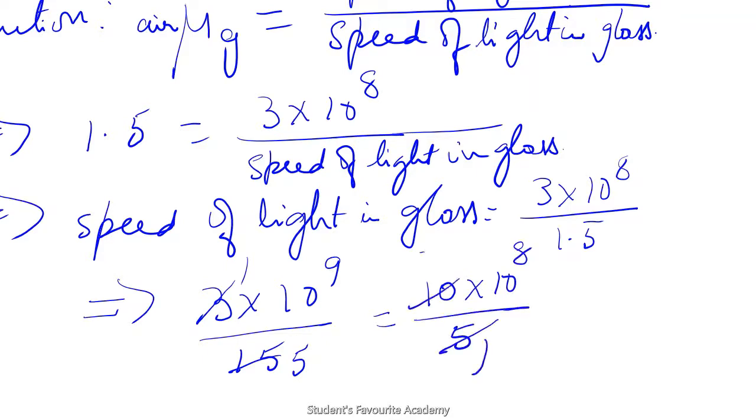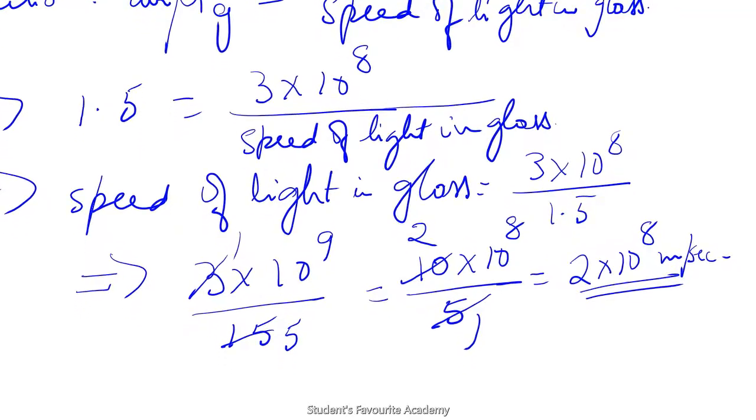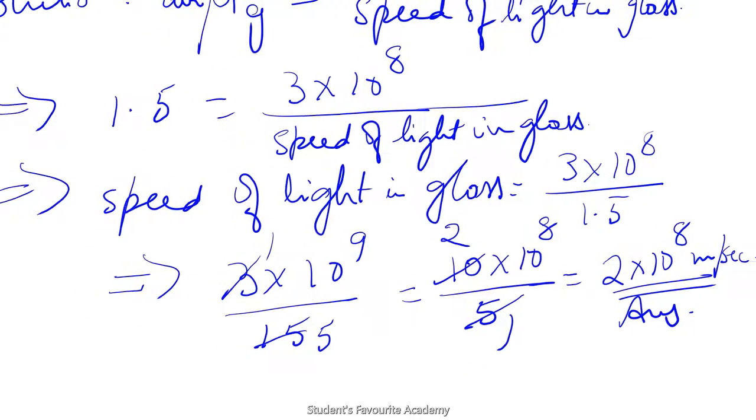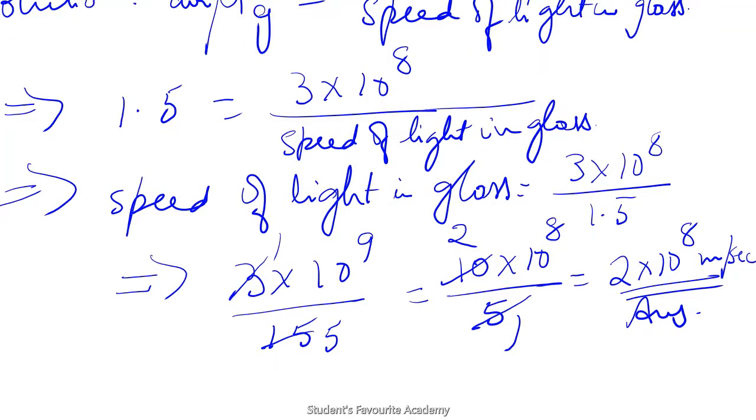So 5 twos are 10. So the answer is 2 into 10 to the power of 8 meter per second. Okay, so that is the answer, right? So this is your question 1.